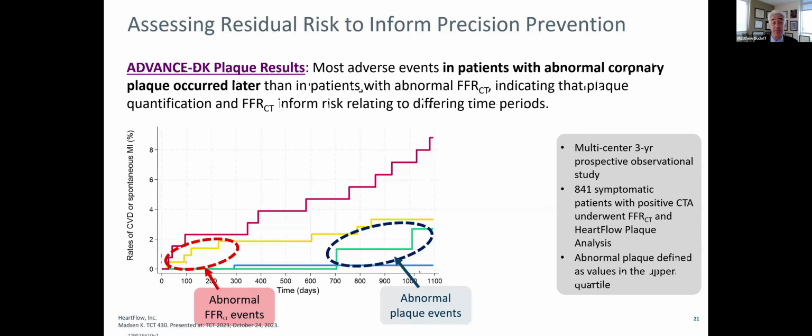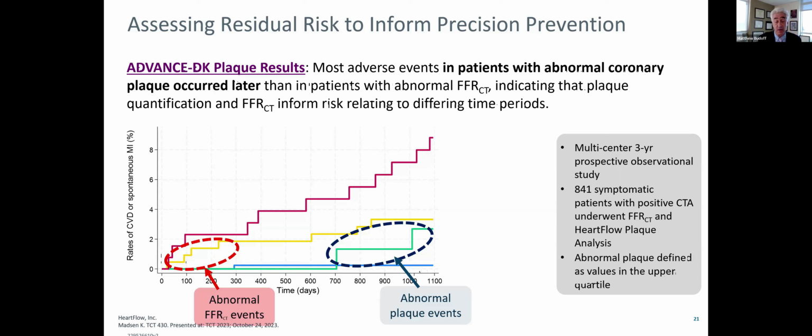This is the ADVANCE plaque results, and we can see if we assess residual risk, looking at this precision, if we look early at these ADVANCE plaque results, but you can see in yellow, if you have an abnormal FFR-CT, you have early events. If you have abnormal plaque, so green is plaque without abnormal FFR-CT, you end up with late events, and you can really get information from both.